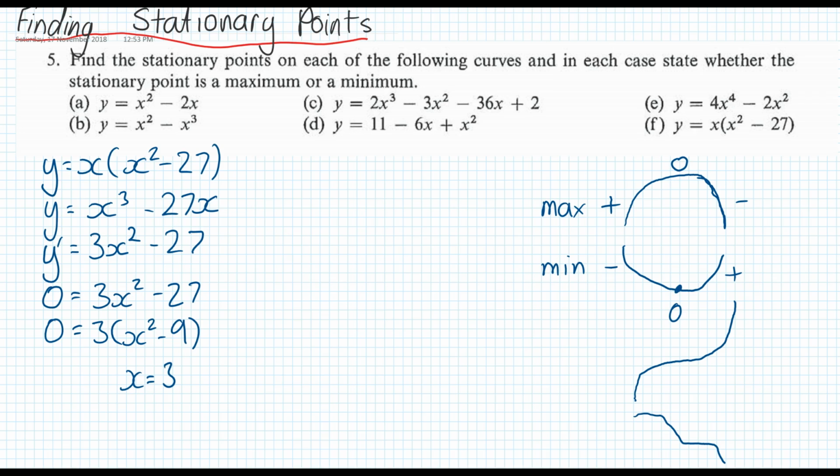Okay, so I know that x equals 3 is my turning point, where this either has a maximum, hits 0, and then goes down again, so plus 0 minus, or a minimum turning point, where it is a minus gradient, then a 0 gradient, then a plus gradient.